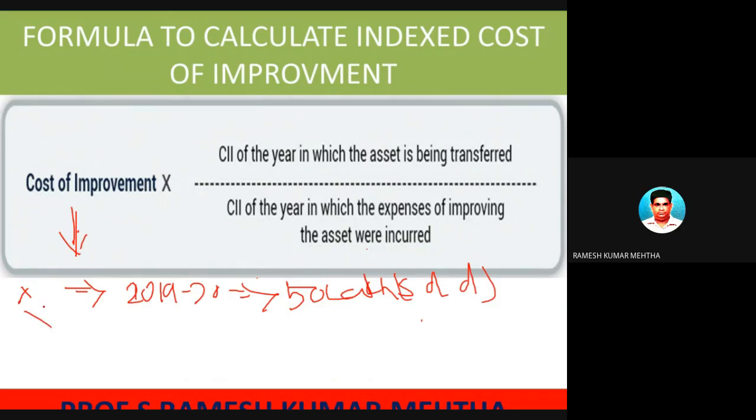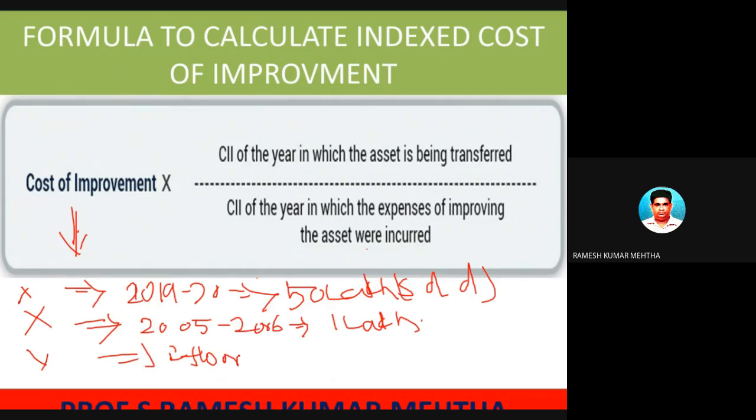Number 2, X constructed the ground floor in 2005-2006, and he incurred a cost of some 1 lakh rupees. Number 3, X constructed the first floor in the year 2012-2013, and he spent rupees 5 lakhs. Okay, so this whole building was sold in 2019-2020.